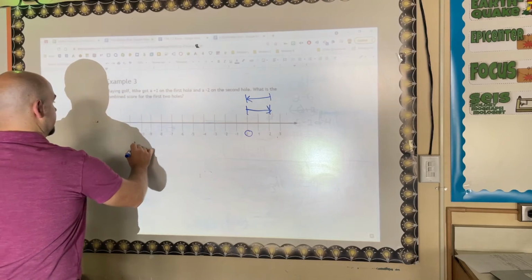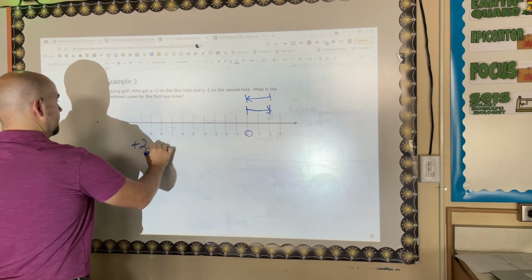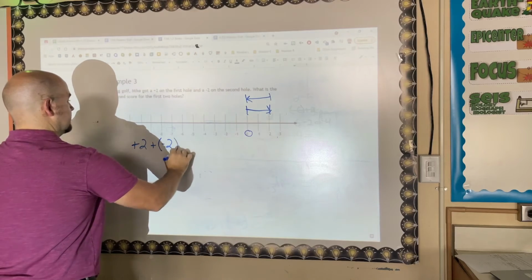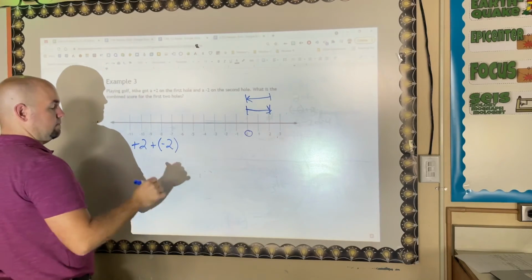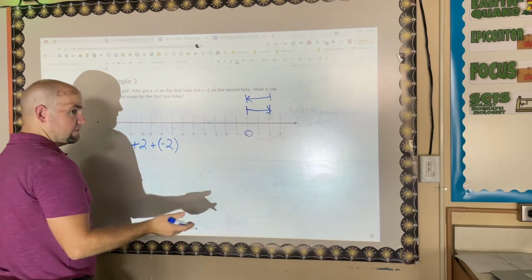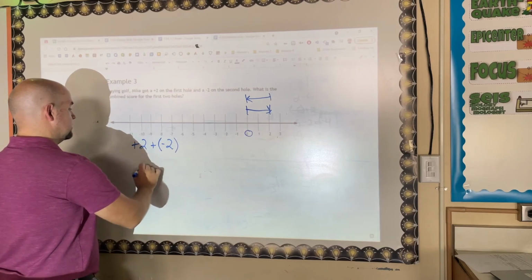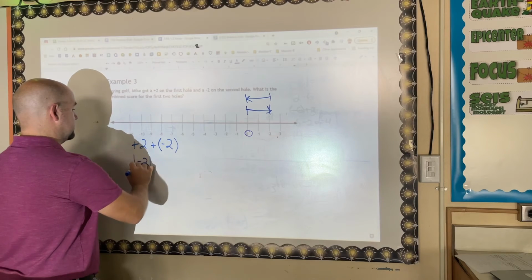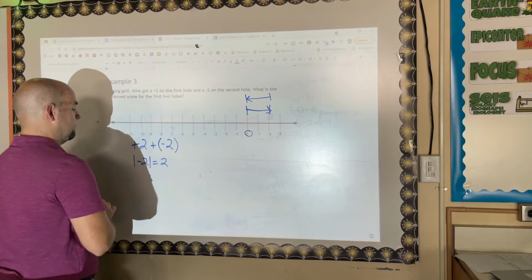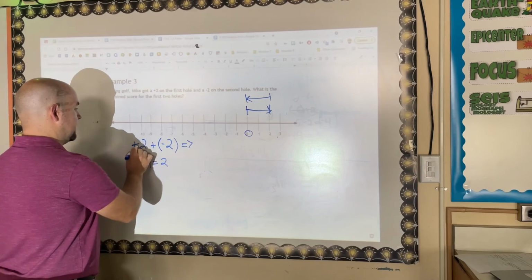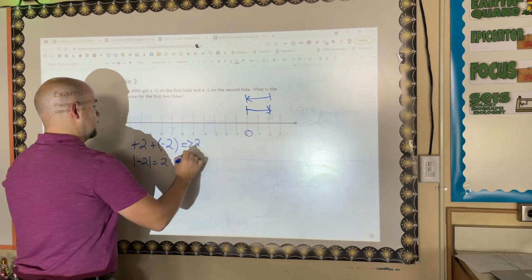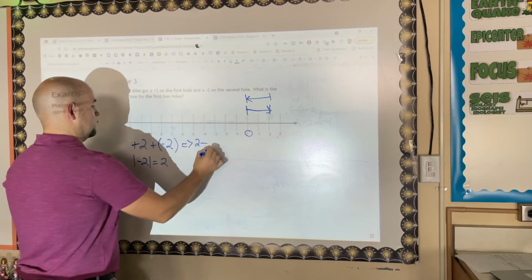Positive 2 plus a negative 2. Different signs, so we're going to find the difference of the absolute values. The absolute value of negative 2 is 2. So this becomes positive 2 minus the other 2.